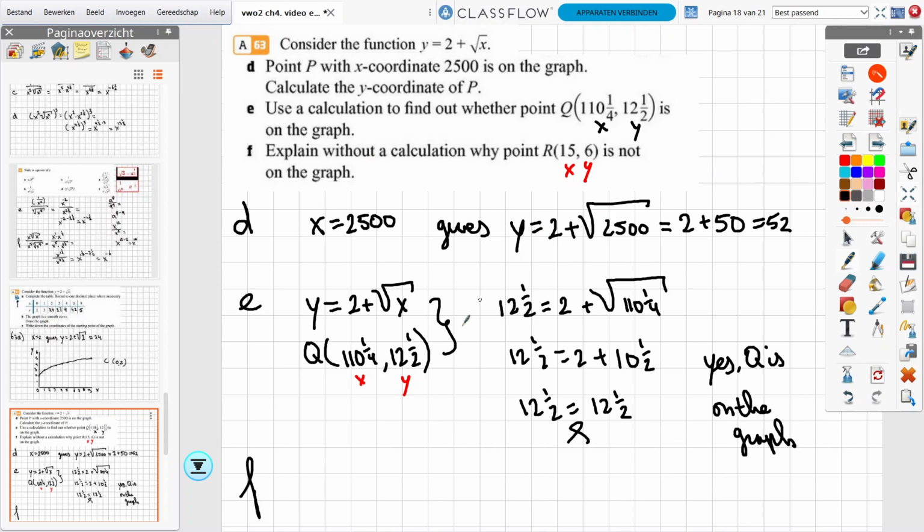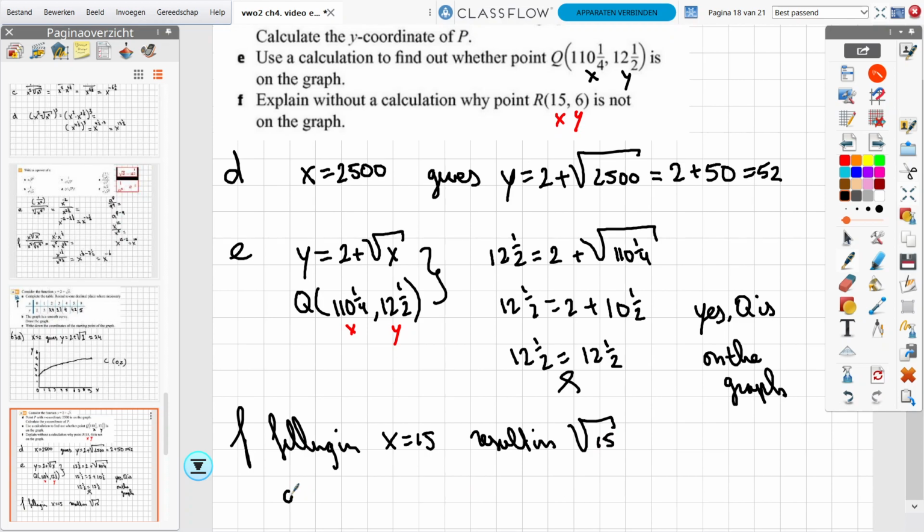So explain without a calculation, in this case I would say, filling in x is 15 results in root 15 appearing in the formula.